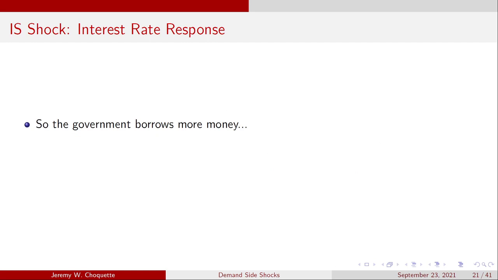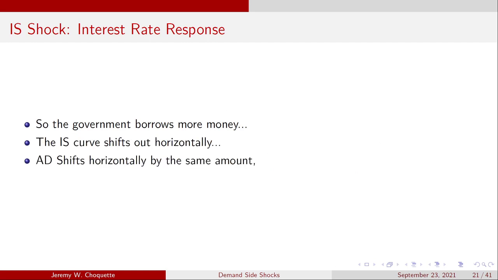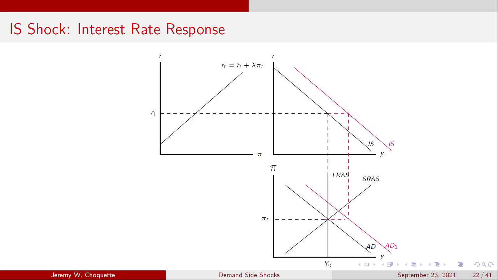So the government borrows more money. The IS curve shifts out horizontally, and aggregate demand shifts horizontally by the same amount. So we're really just going to be recreating those demand shocks that we just saw, where the short run aggregate supply curve shifts in and in and in. We're going to be recreating that with the IS and monetary policy curves over it, so we can see the way interest rates are responding.